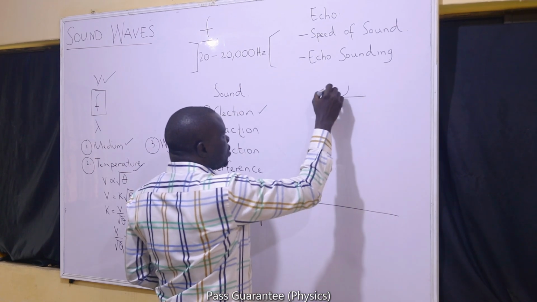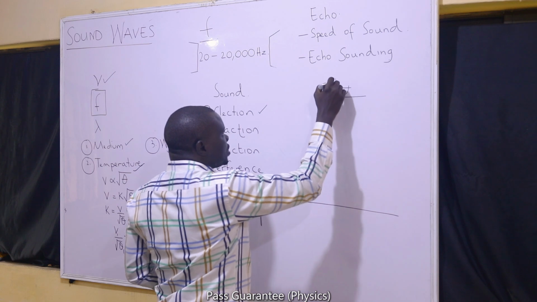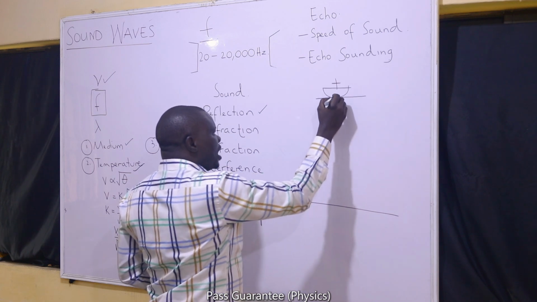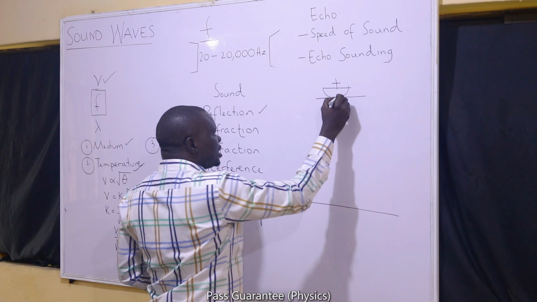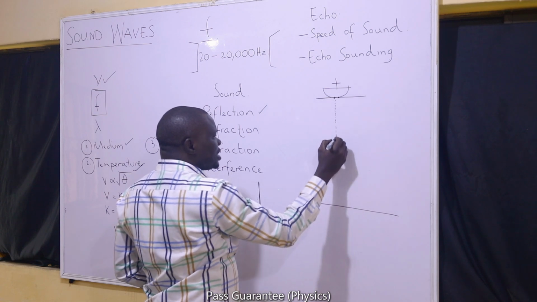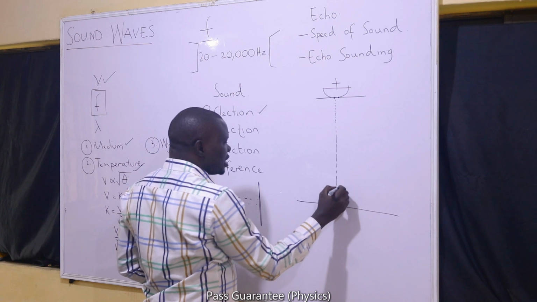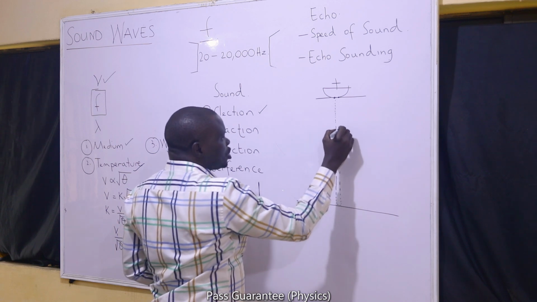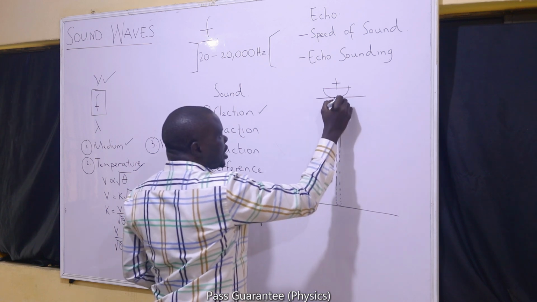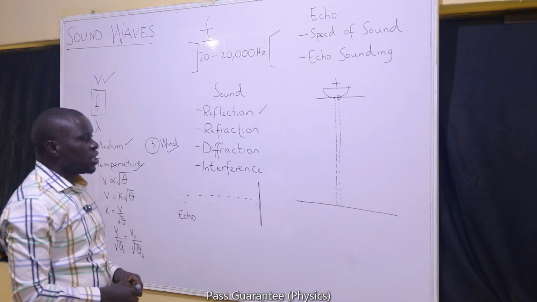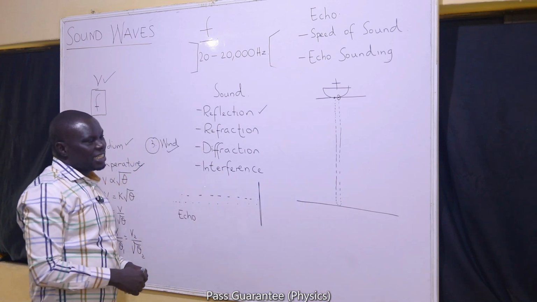If you have a ship traveling on the sea, most ships have what is called the transmitter and the receiver. The transmitter sends sound. The sound is reflected at the seabed and it returns back to the ship. The echo that returns back from the reflection of that sound is picked up by the receiver.